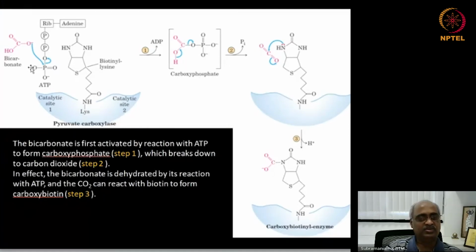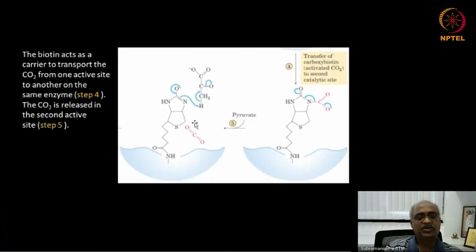It loses the H2O from it. And then in the third step, it is attached to the biotin. Then in the fourth step, the biotin swings to the other side, and on the other side you have the carbon dioxide in the other catalytic site.